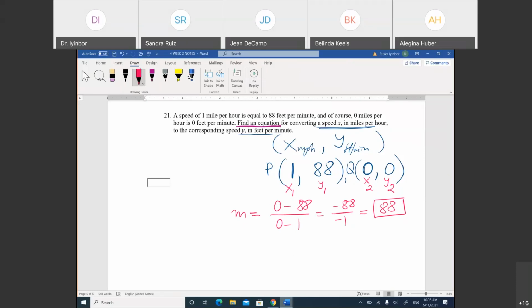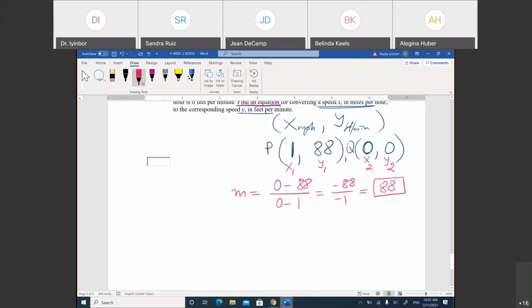So the equation so far looks like y equals, that's the slope, 88x, plus b. We need to find b. Okay? How are you going to find b? You can use one of the points, P or Q. I'm going to use 0 and 0. It's easy to calculate.